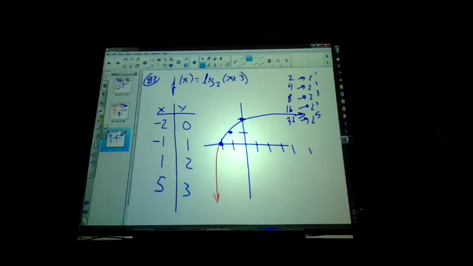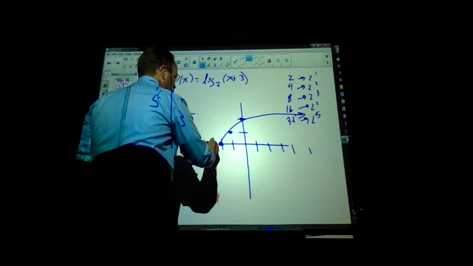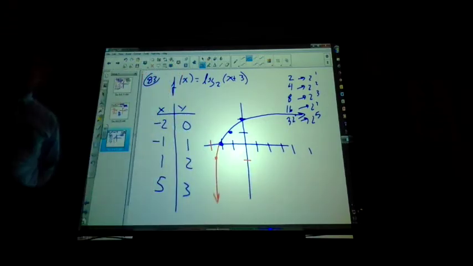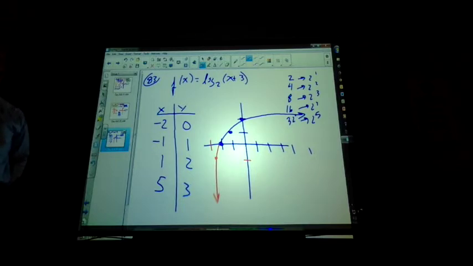So you said we plug negative 2.5 in, right? So that's negative 3. So we're going to get there. What if I plugged in negative 2.9999? So that's going to give me log base 2 of 0.0001.